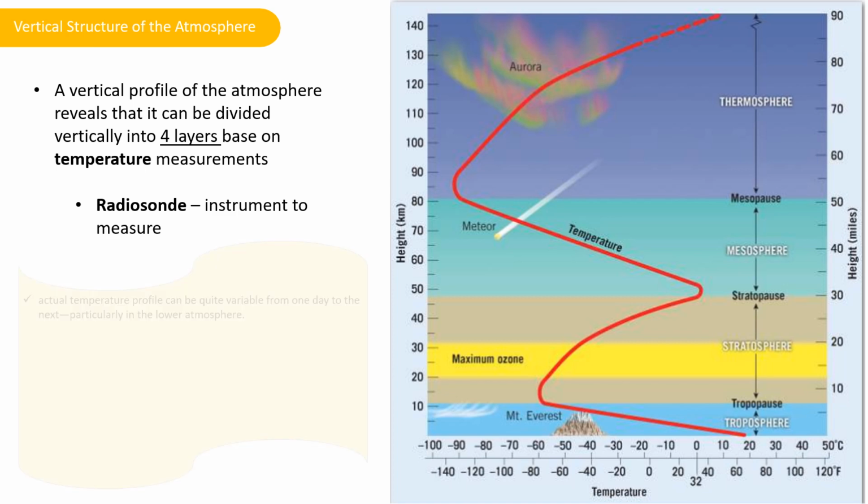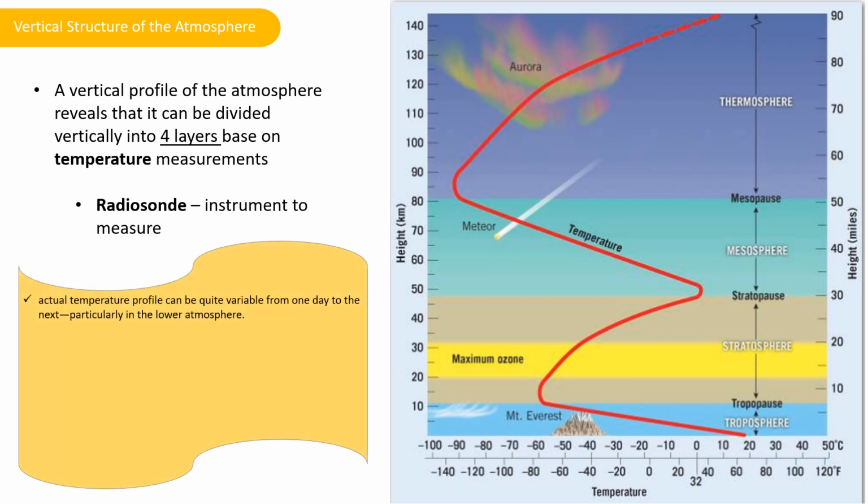In general, the actual temperature profile can be quite variable from one day to the next, particularly in the lower atmosphere. The air temperature decreases with increasing height, as you can see, particularly in the troposphere.